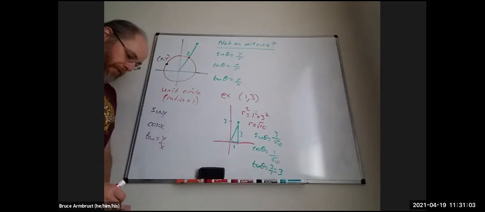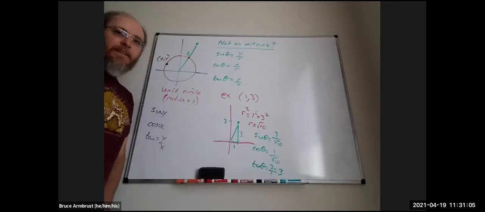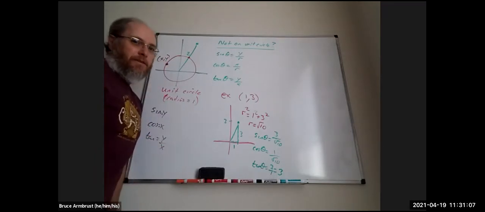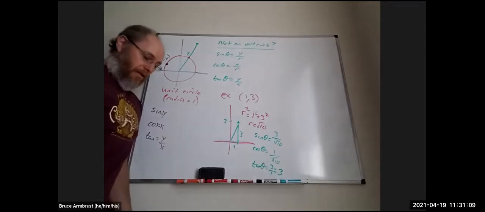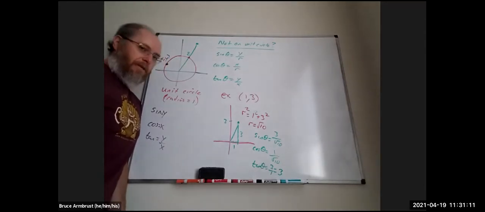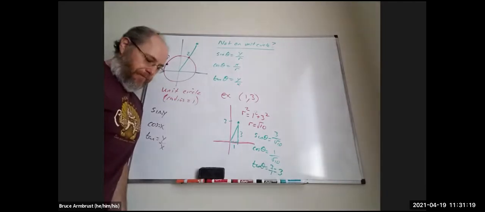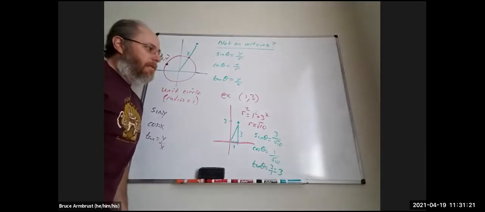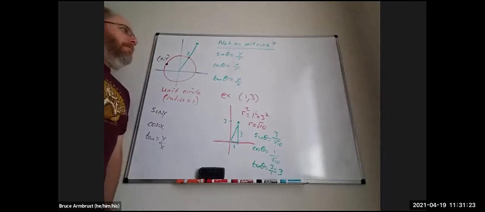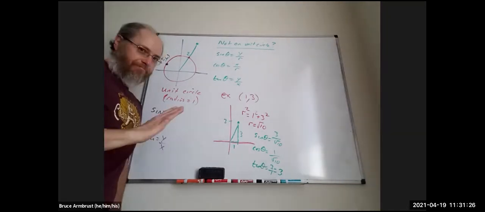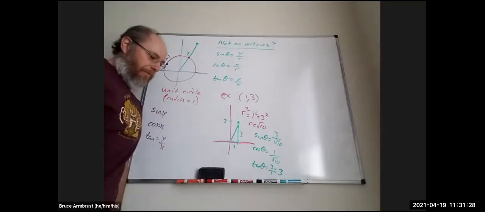We don't actually have to worry about that. So if you end up not on the unit circle, don't let it throw you. All you have to do is retreat a little bit, and you do that by dividing by your radius. You just scale it. Not that big of a deal.